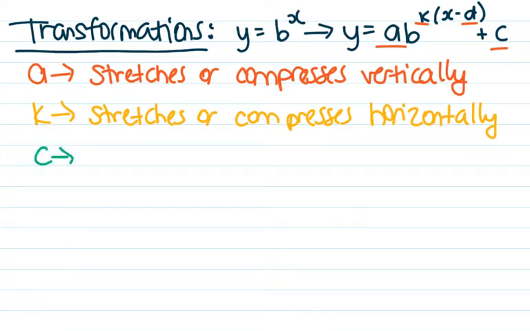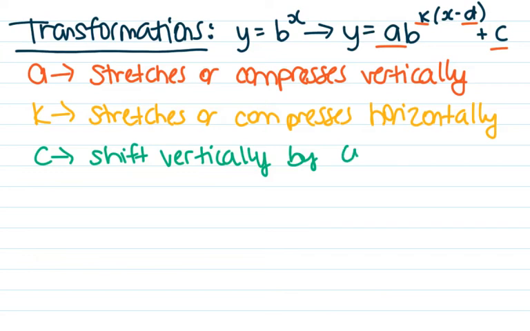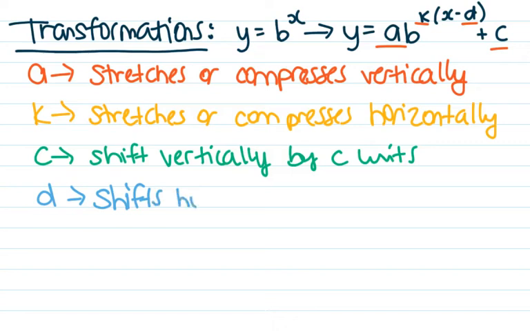C shifts vertically, so up and down, by C units. And D shifts horizontally, left or right, by D units.